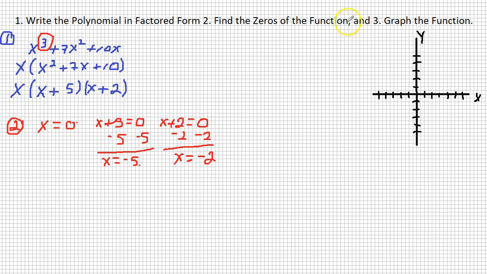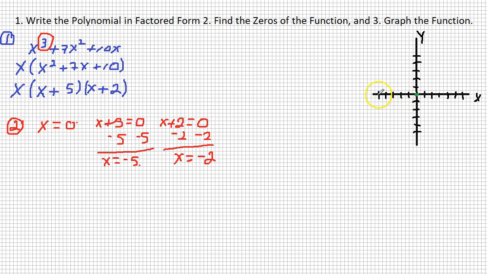Now last, I get to graph this function. Alright, I'm going to pick another color here. Why? Just for fun. No other reason. Okay, first of all, I go to 0 on the x-axis and I plot 0. Why? Because it crosses the x-axis at 0. It also crosses the x-axis at negative 5. So negative 1, 2, 3, 4.